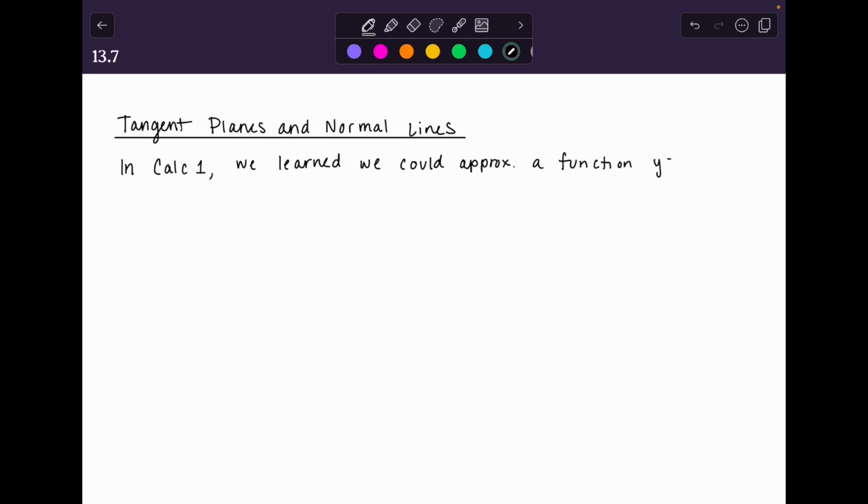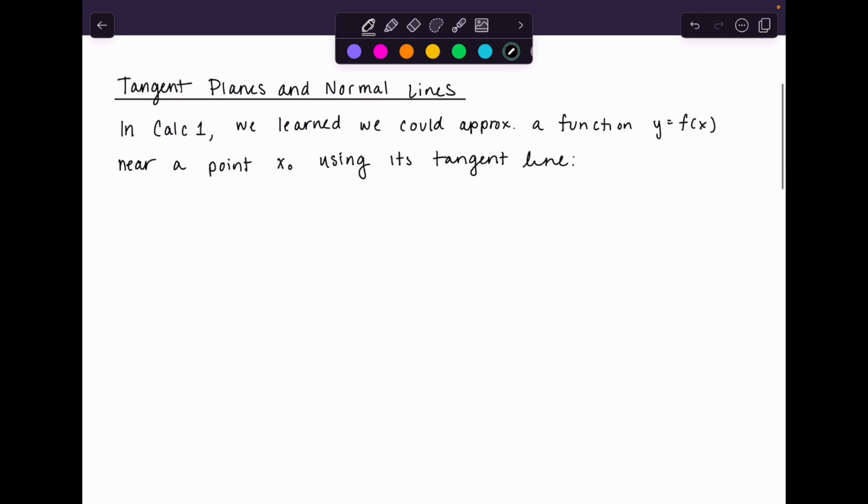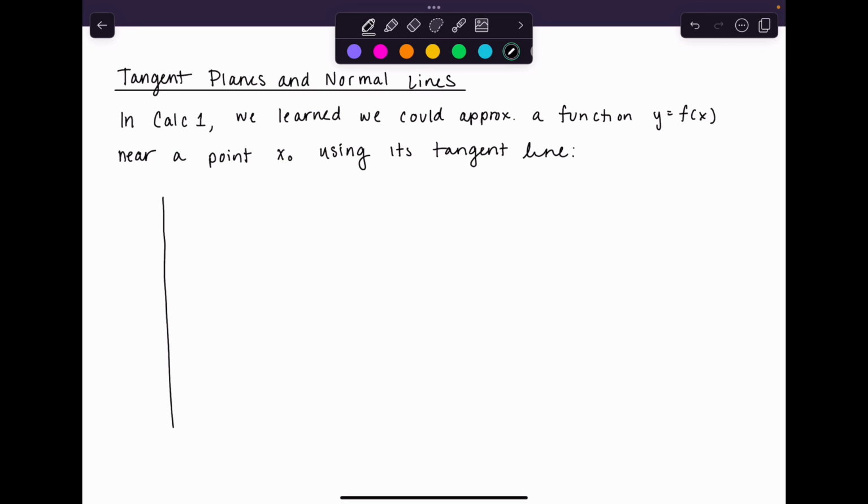say y equals f of x near a point x naught by using its tangent line. Okay. So if we have a visual, here is our xy plane.